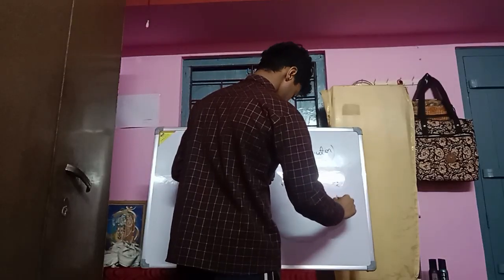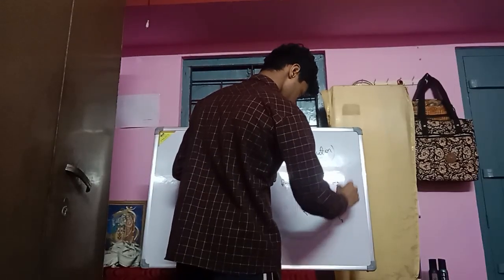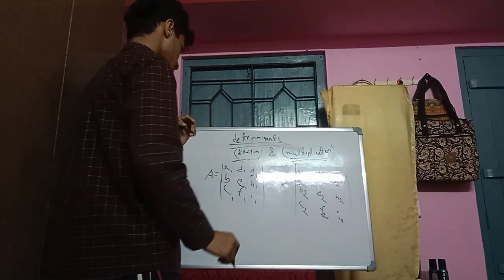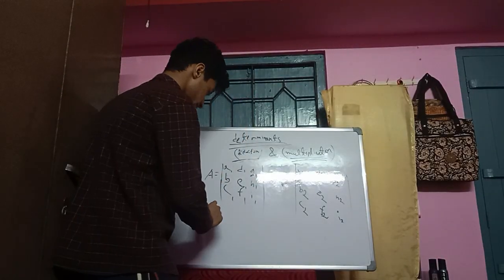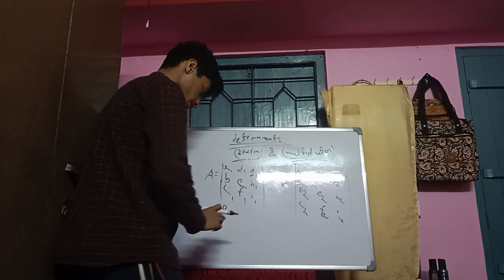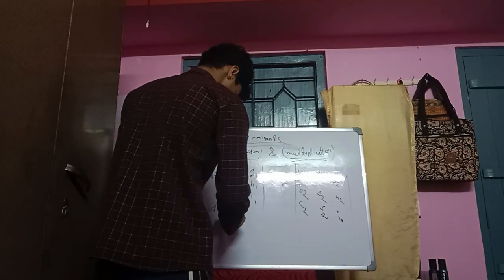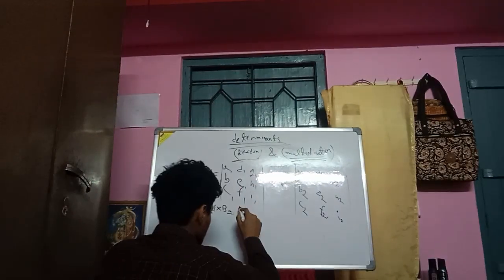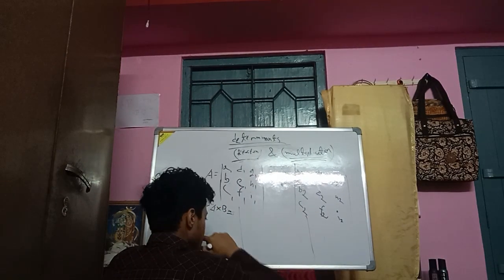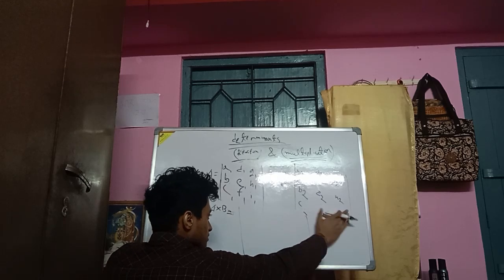J2, H2 and I2. Okay, so the product of these two determinants would be a 3 by 3 determinant. Here as well, we're going to be following the same pattern.